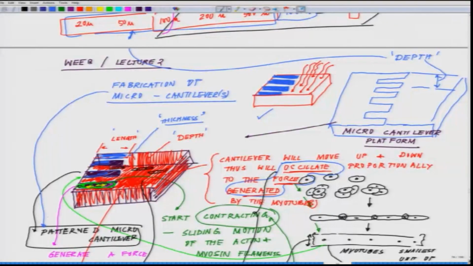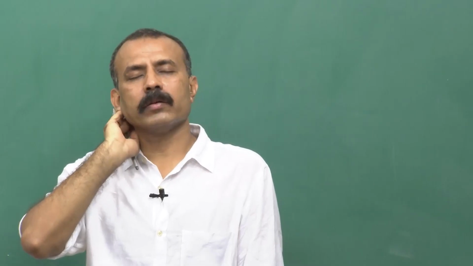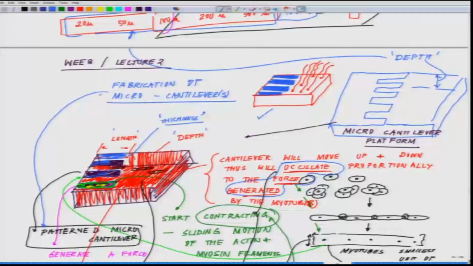After patterning you have a very finite space which is exclusively reserved on the top surface of the cantilever, where you can grow the cells, and those cells should form myotubes. Once these myotubes are formed, you look at them under the microscope. Of course, this is where you will be needing an upright microscope.